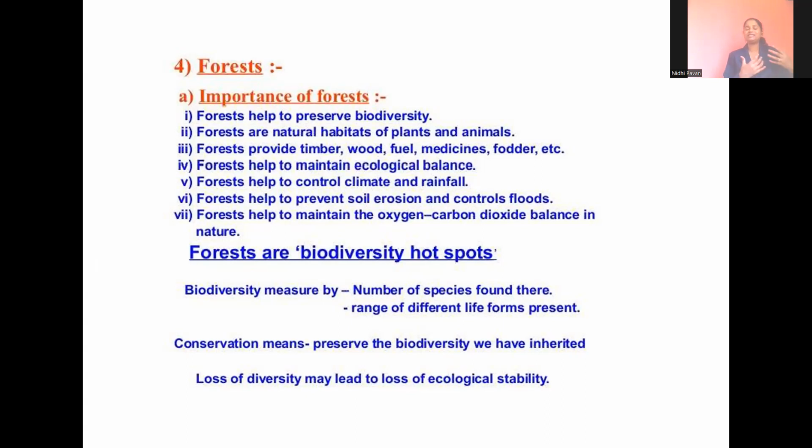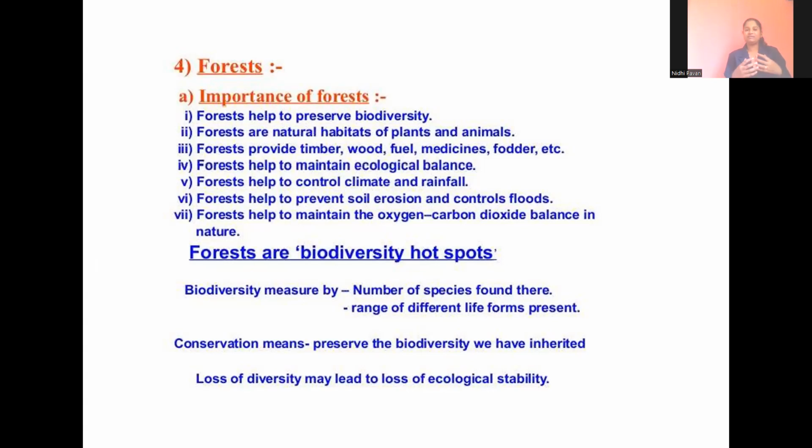So, what is the importance of forest? This we are learning since sixth or seventh standard. The first is to preserve biodiversity, wild animals, insects, and other living organisms, and it is a natural habitat for many plants and animals to grow.